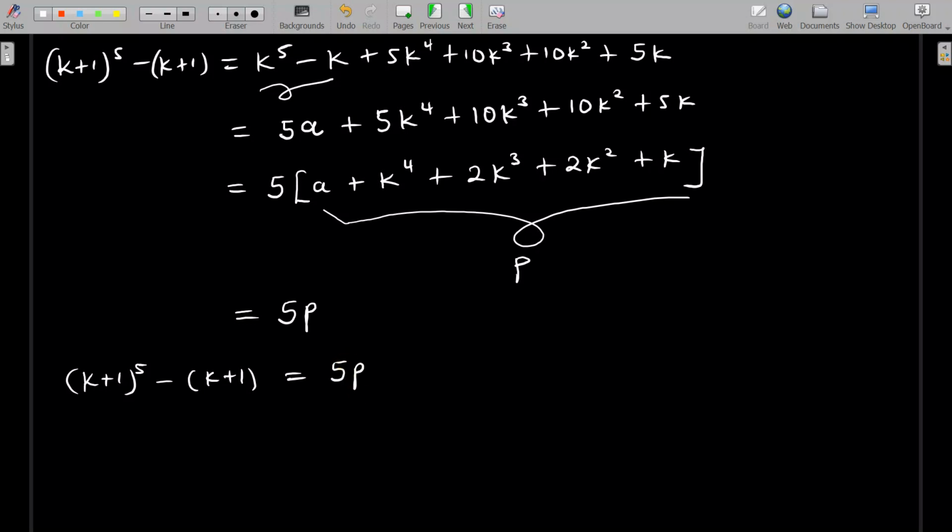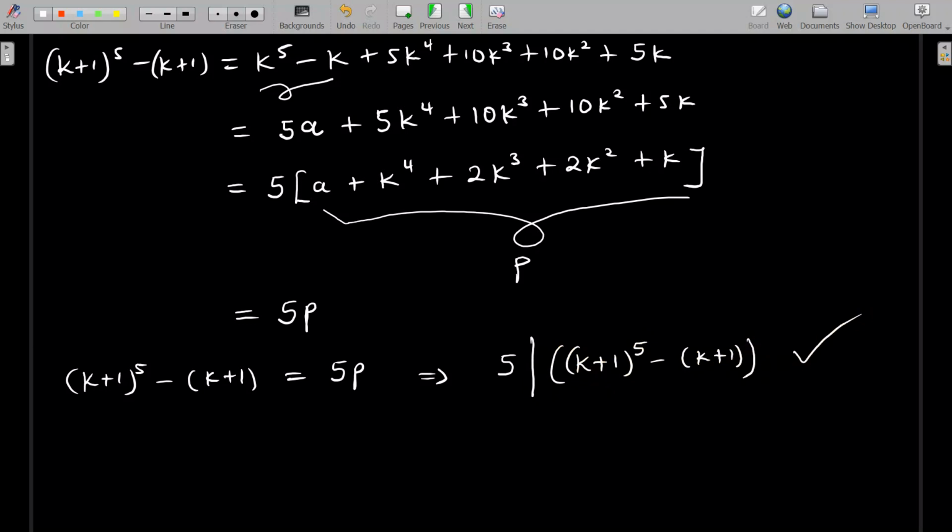Again, our main focus was to simplify k plus 1 to the 5, minus k plus 1, to be able to write it as 5 multiplying some constant or some integer, right? And since this is true, this implies that 5 actually divides k plus 1 to the 5 minus k plus 1.